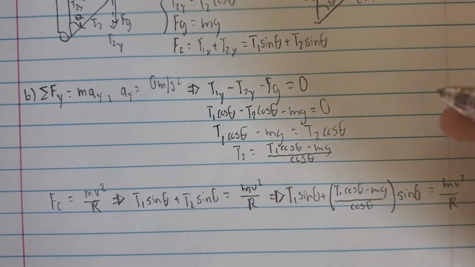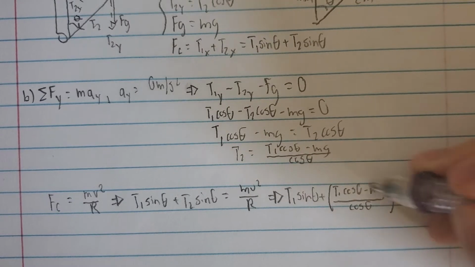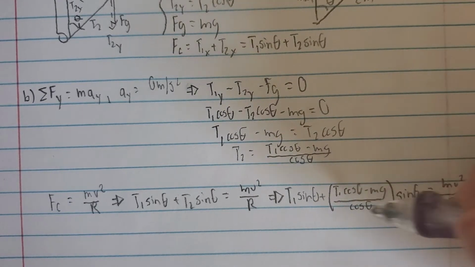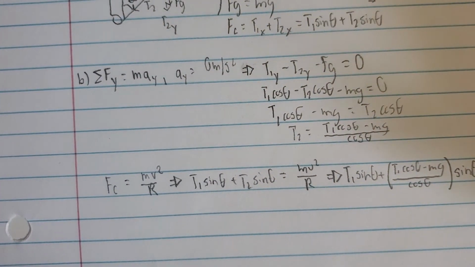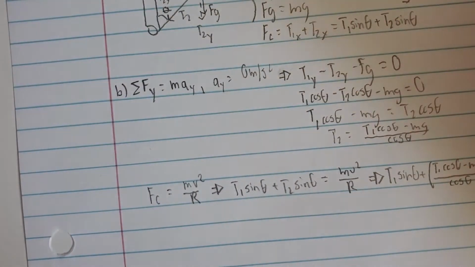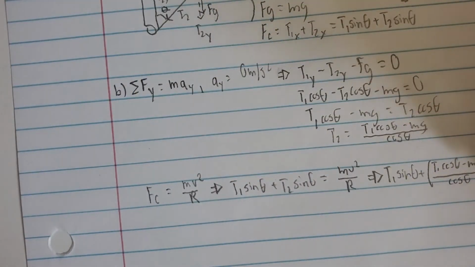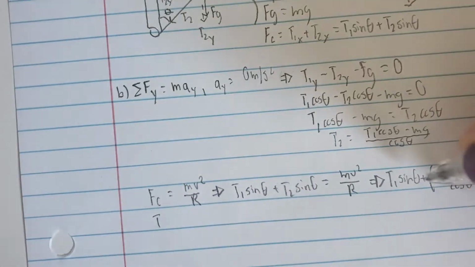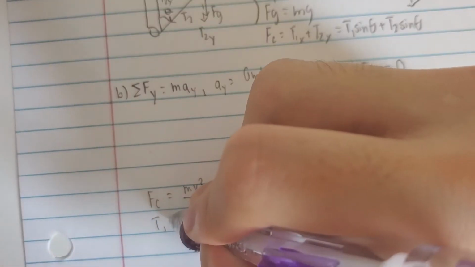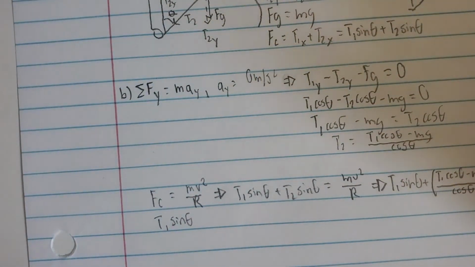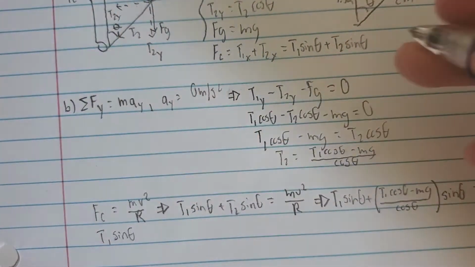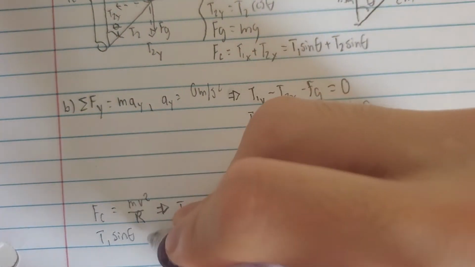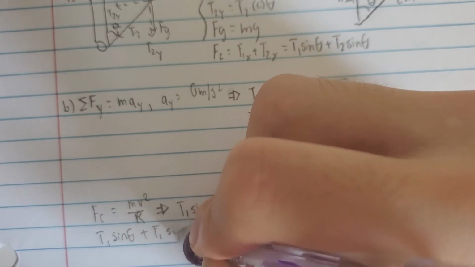Okay, so now I'm going to distribute the sine to the terms in here. First of all, the first term stays the same, so T1 sine of theta. Distributing, the cosine cancels this cosine over here, and there's a sine over here, so the next term is going to be plus T1 sine of theta.